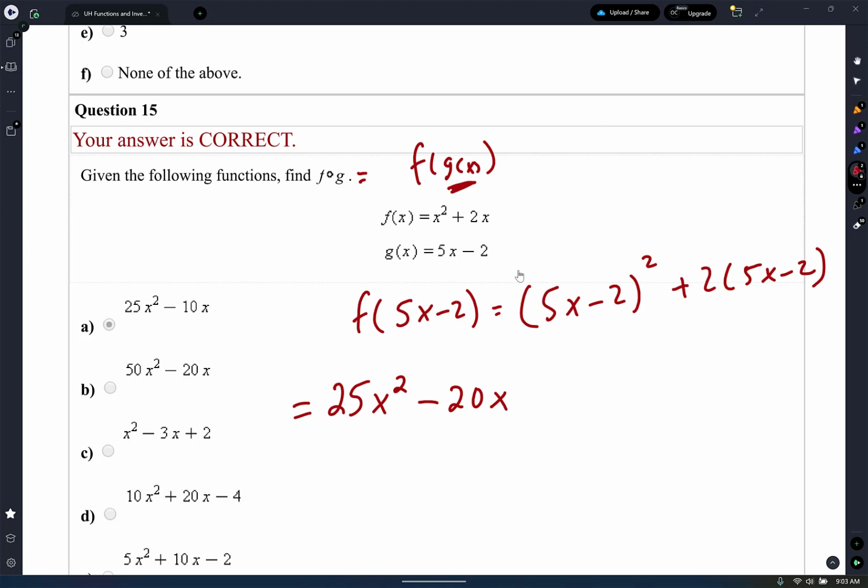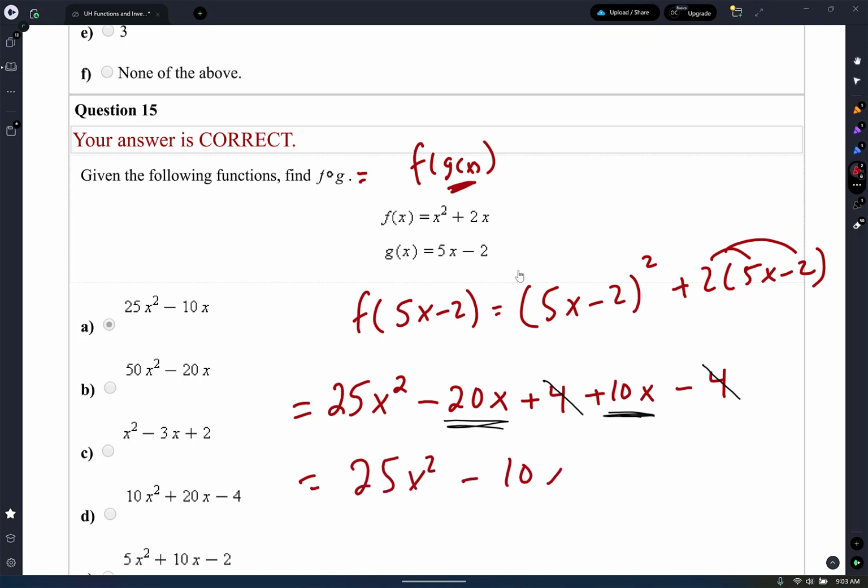Negative 2 times a negative 2. Positive 4. And now we're going to distribute this one. 2 times 5x, 10x. 2 times negative 2, negative 4. All right, we're done. We're just going to combine like terms now. Positive 4, negative 4, 0 out. Negative 20 plus 10, that's a negative 10. So you have 25x squared minus 10x.